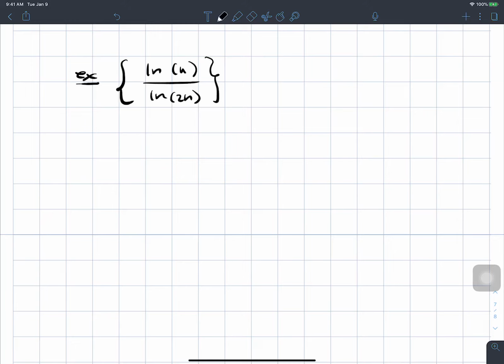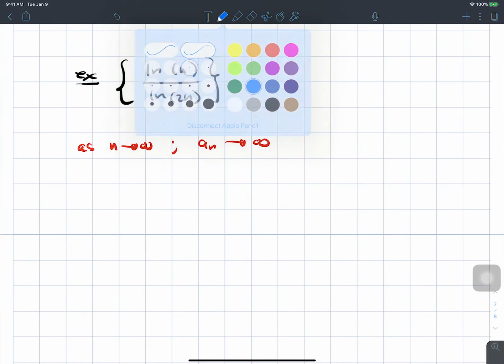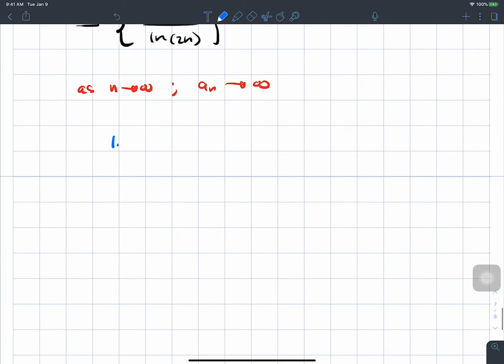And again, we want to know, as n gets big, what happens to the terms eventually? What happens to a_n? So you can say, all right, we just take the limit here. I got the limit, n gets big, natural log n over natural log 2n.